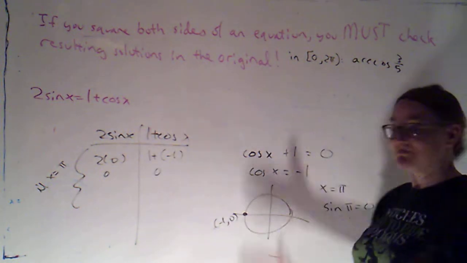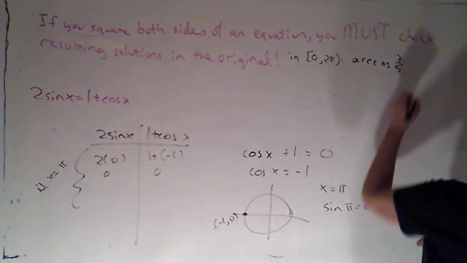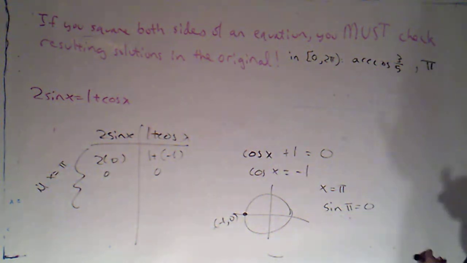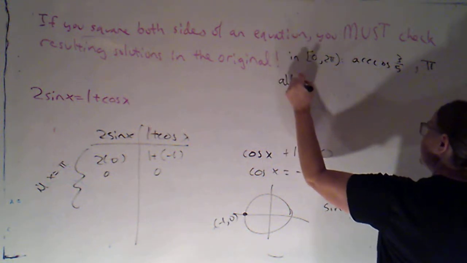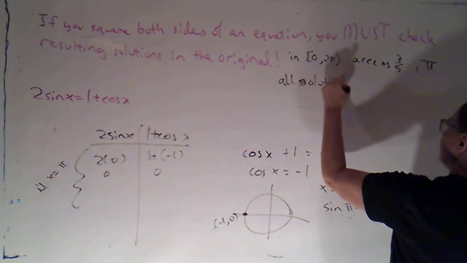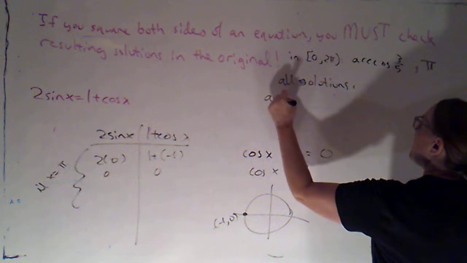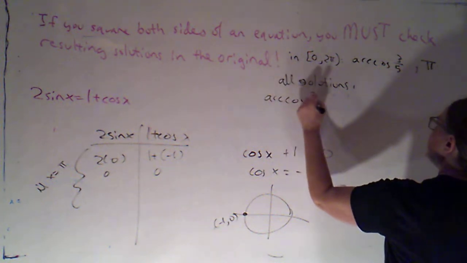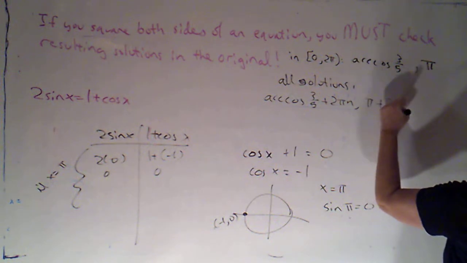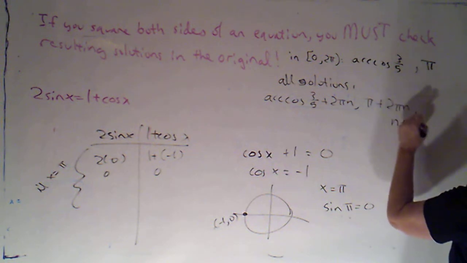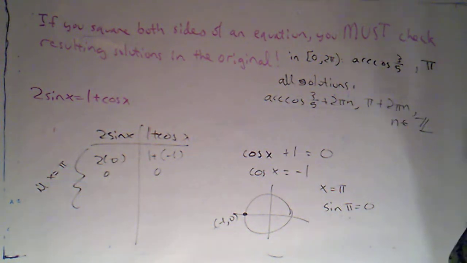They match. Okay. So pi is also a solution. And so then if I want all solutions, I'm going to get arc cosine of 3/5 plus 2 pi n and pi plus 2 pi n, where n is an integer.